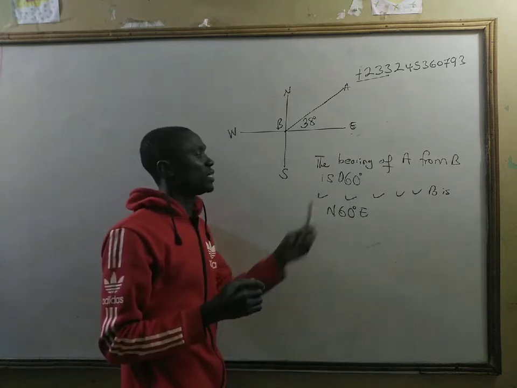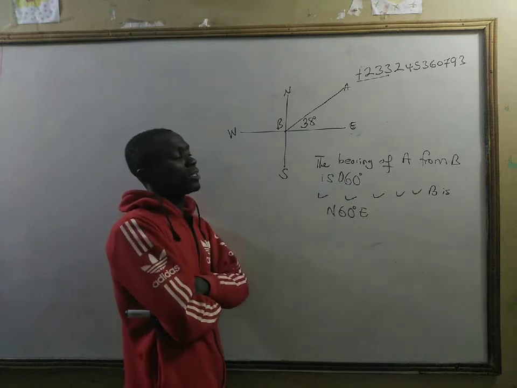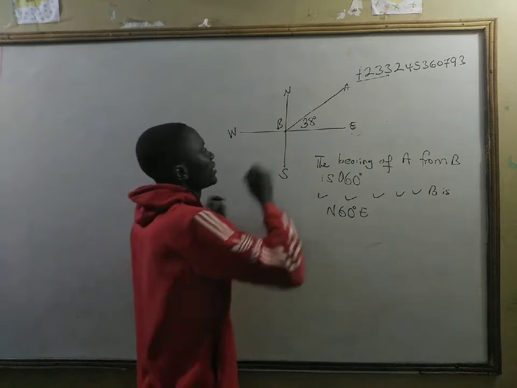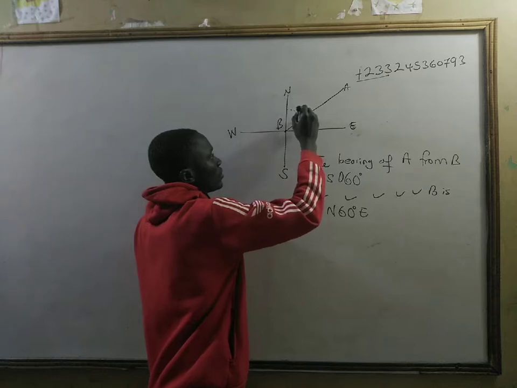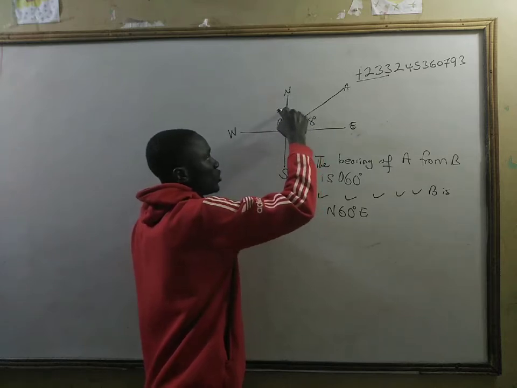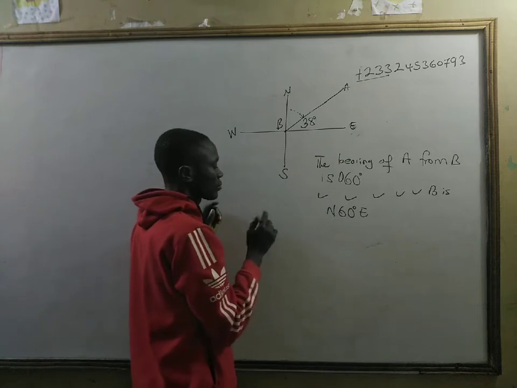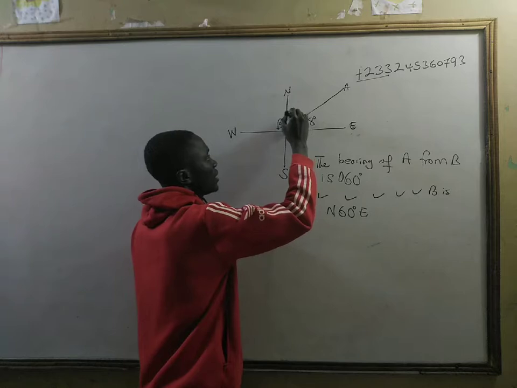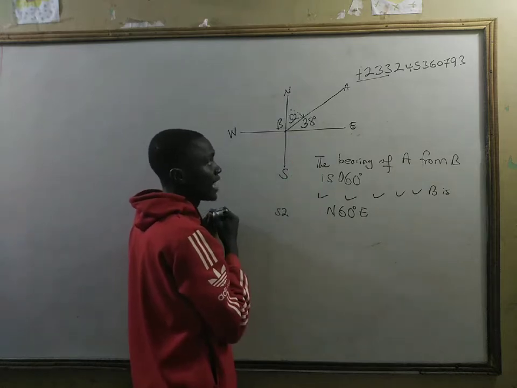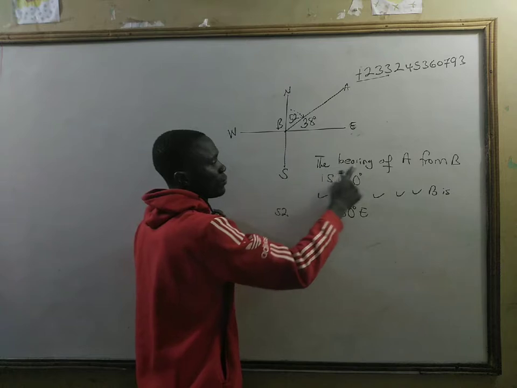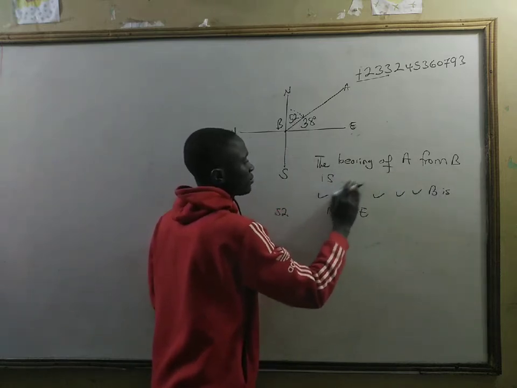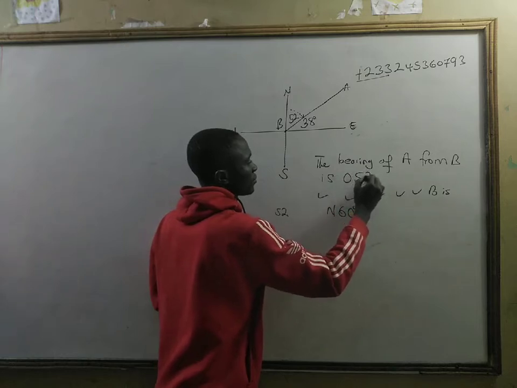The bearing of A from B is 060 degrees there. In terms of the three-figure bearing, we need this angle. So we take that angle from 90 because the whole of this angle is 90. If you take that from 90, you get 52. So the angle here is 52.